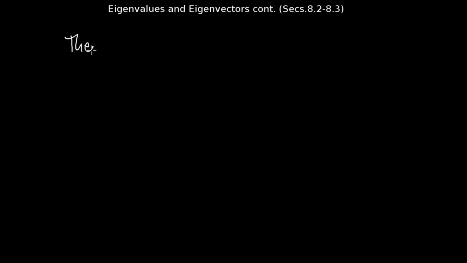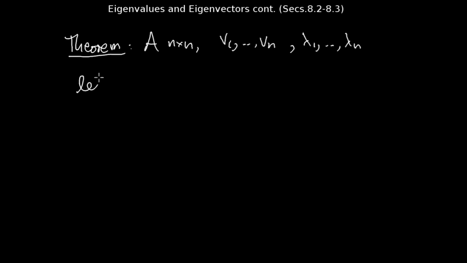Okay, so I'd like to state what's going on here. In general, we have this n by n matrix, and we have this basis of eigenvectors v1 through vn with corresponding eigenvalues lambda 1 through lambda n. And we let S be the following matrix.